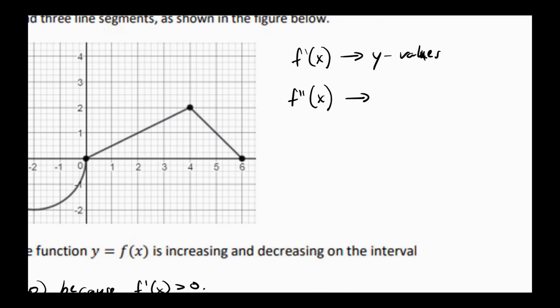Not the x values. X values are always going to stay the same. So the derivatives are already there. How do I find the second derivative? You guys have done this before.